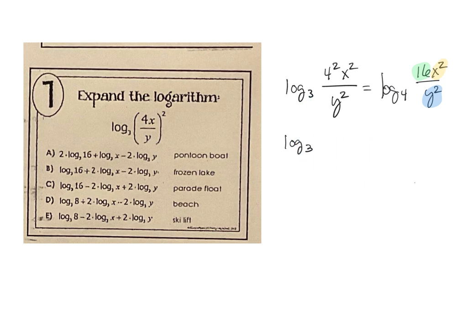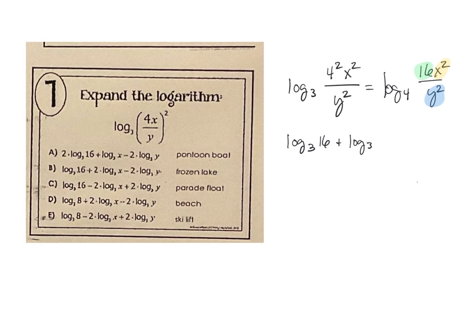So log base 3 of 16, and then we're going to add log base 3 of x squared because those two numbers are being multiplied. And then we're going to put the y squared term behind a subtraction symbol because it's being divided. So let's put minus log base 3 of y squared.